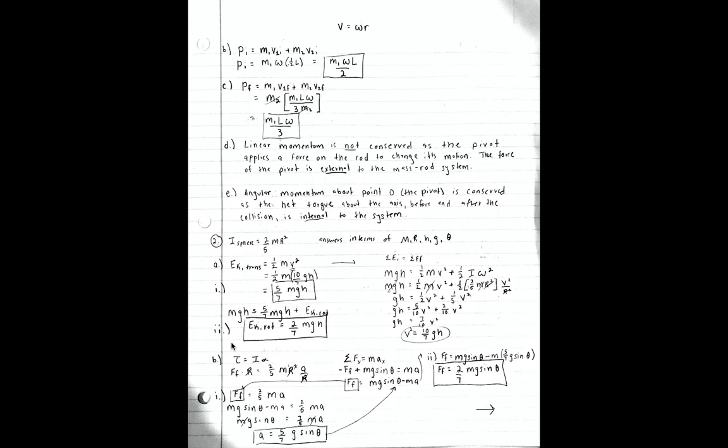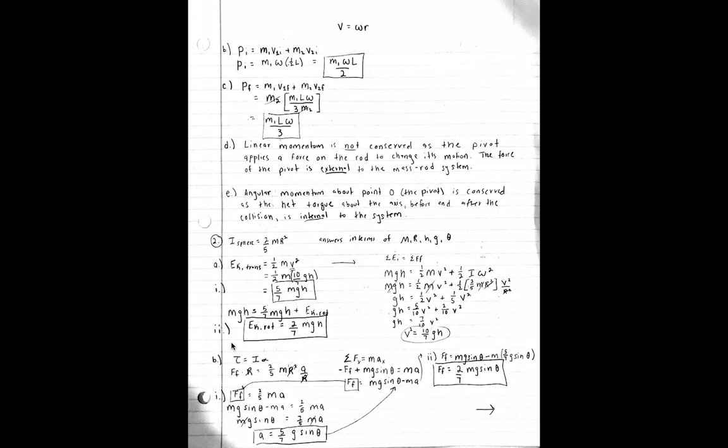Okay, open-ended number 2. We're given I of the sphere is 2/5 mr squared. We're told that the answers need to be in mass, radius, height, g, and theta. So part A is a little tricky. We're taking the sum of the initial energy equals the sum of the final energy.